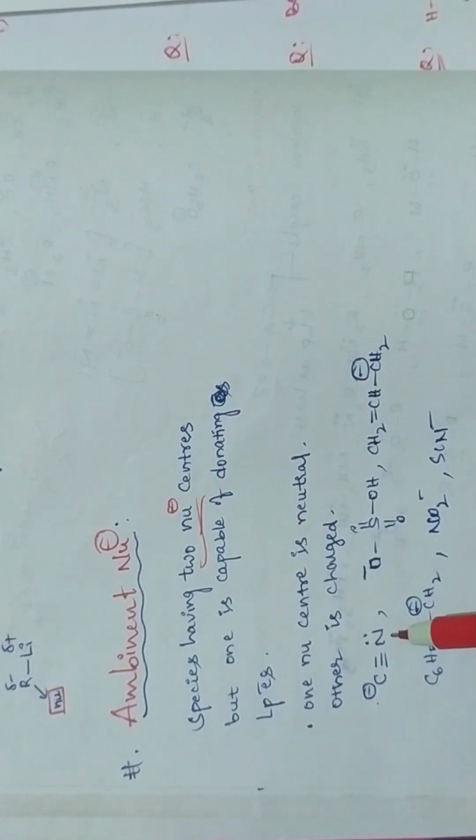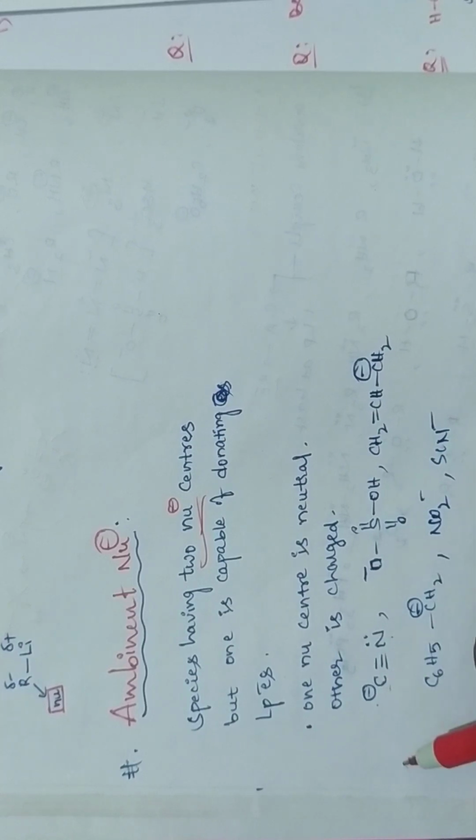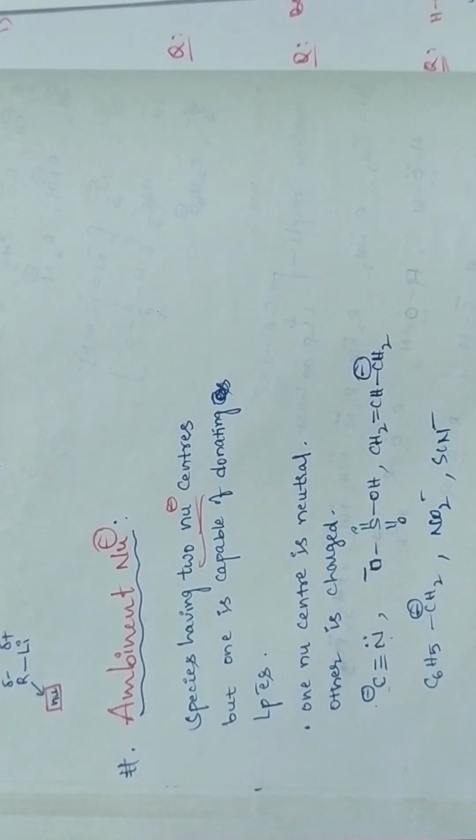This center is the neutral center, and this is the charged one. In cyanide, either carbon can donate or nitrogen can donate. So it has two donor sites, but only one is capable of donating electrons during the attack.